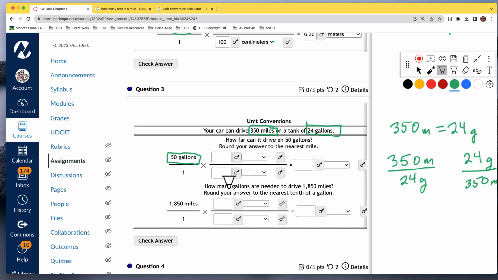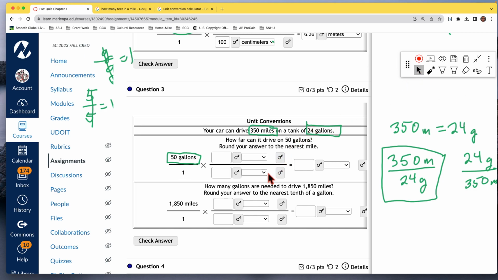So we're starting with gallons, so we need the one with gallons in the denominator. Because remember, if you take a number divided by itself, that cancels out and gives us 1. So gallons divided by gallons will cancel out and give us 1. Units are gone.